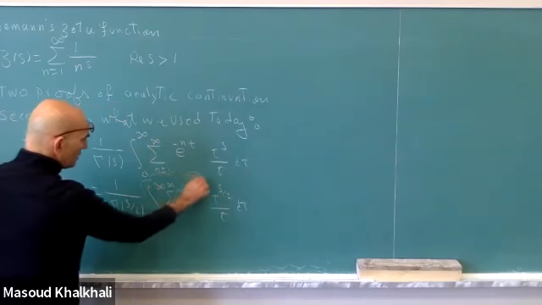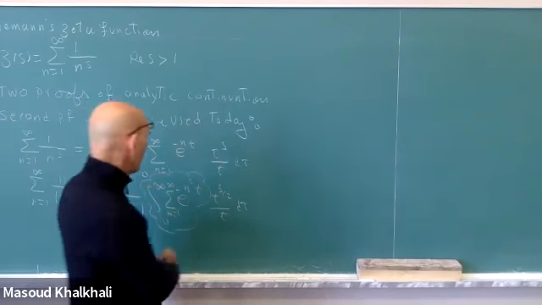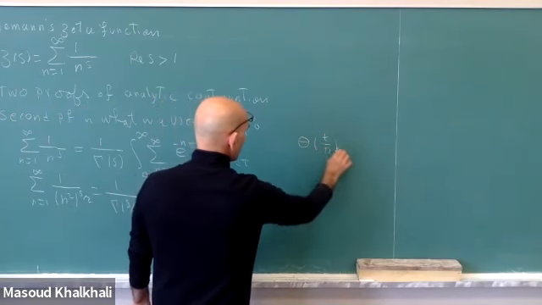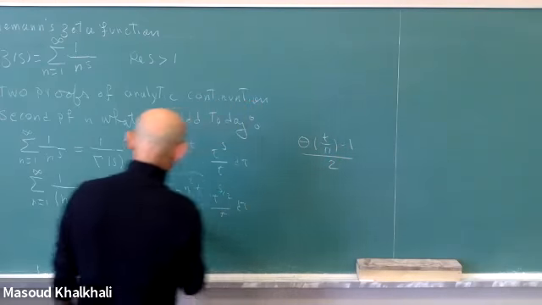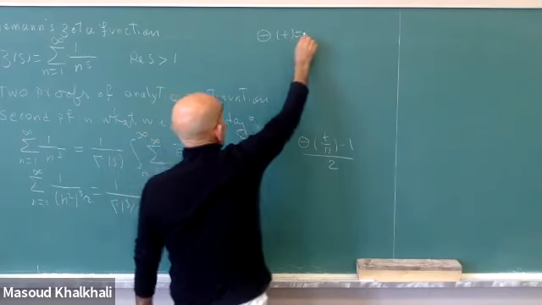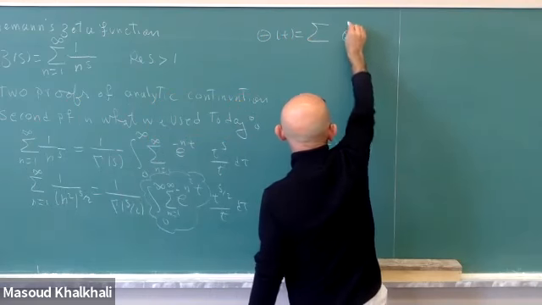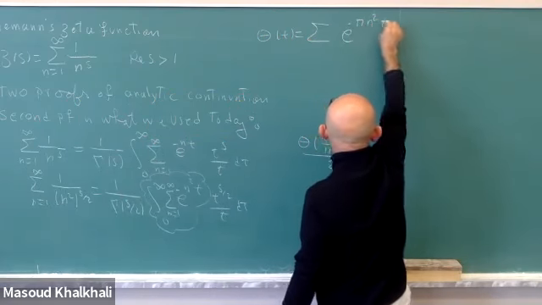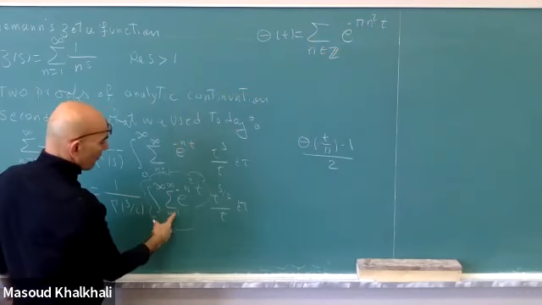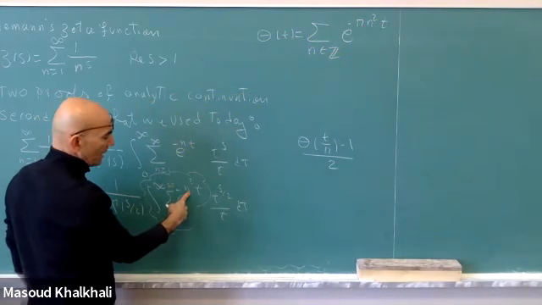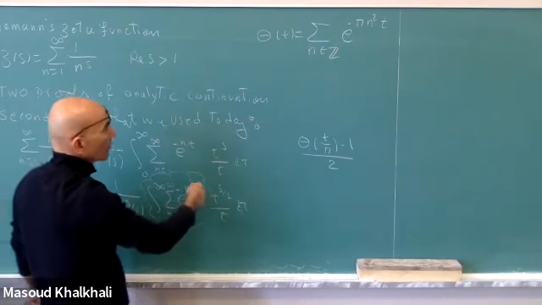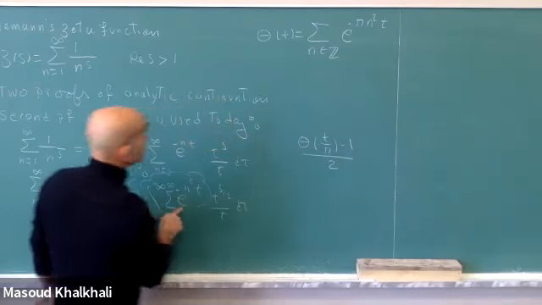And you notice here a very well-known function, that is, theta of t over 2 minus 1 over 2. The theta function is the sum of exponential of minus pi n squared t, n belonging to Z. But here he was summing from 1 to infinity, and this function is even in n, so positive and negative are the same. You subtract 1 and divide by 2, and you get this.